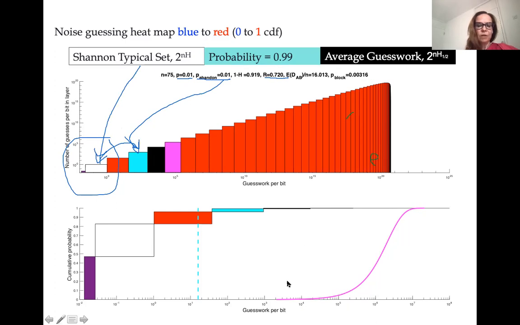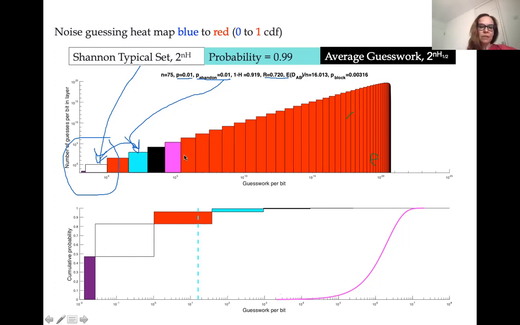Okay, another way to look at it is in terms of probabilities, in terms of a CDF, where here you see the cumulative probability. You have accumulated some probability. Here I have accumulated all till I finish the typical set. By the way, I'm using the typical set in white and the probability 0.99 in turquoise.